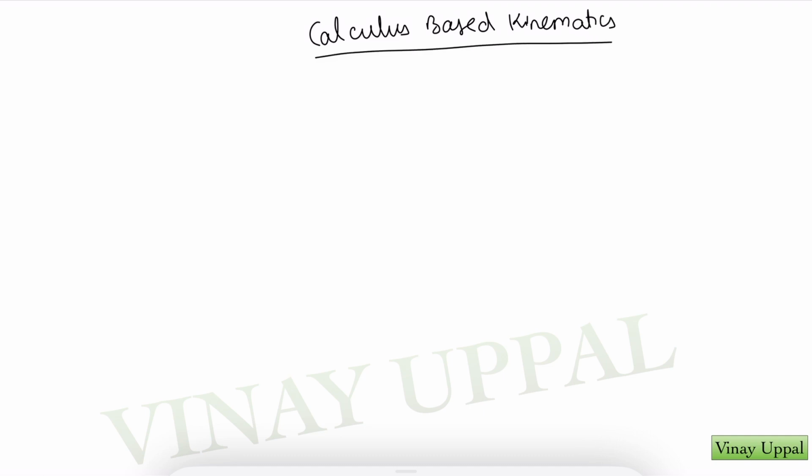Now let's look at some calculus based kinematics. So in general, I can write that velocity vector, the instantaneous velocity vector, is the rate of change of displacement, or I can also write it as the rate of change of position vector.